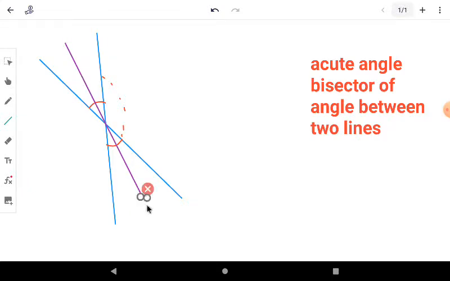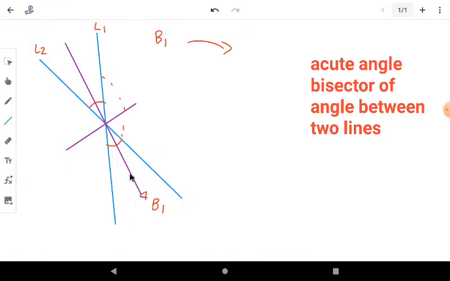let's say this is some bisector B1. So B1 is what I call the acute angle bisector of the angle between the two lines L1 and L2. Obviously the other line, if I draw, would be the obtuse angle bisector, and this is what we call the acute angle bisector.